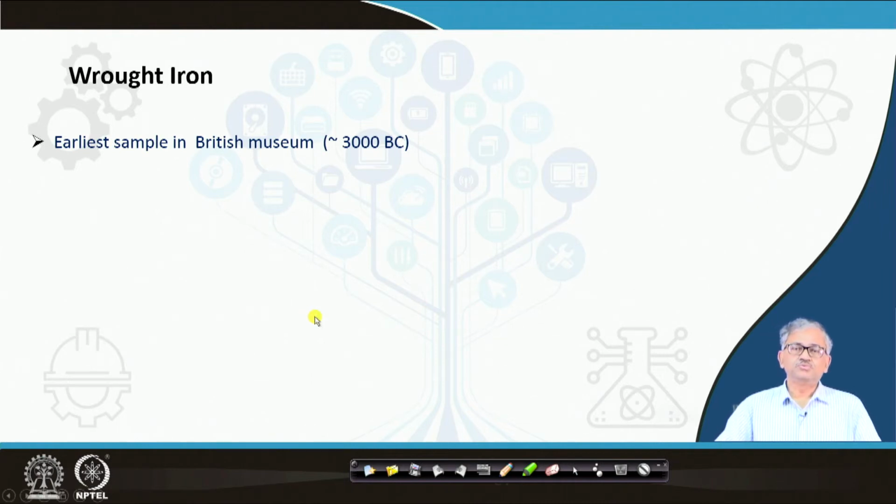If you heat iron ore in the presence of carbon, you can take out the oxygen, just like DRI today, but at that time it was much more primitive, and in fact that is how they invented iron.